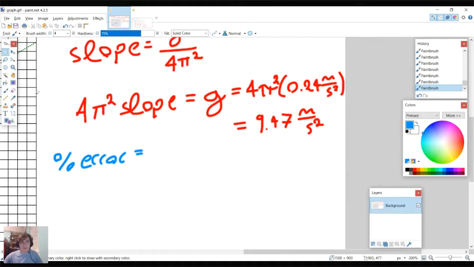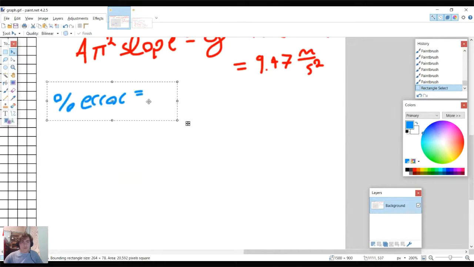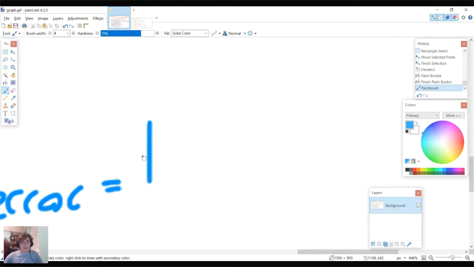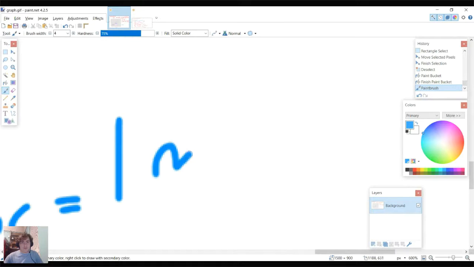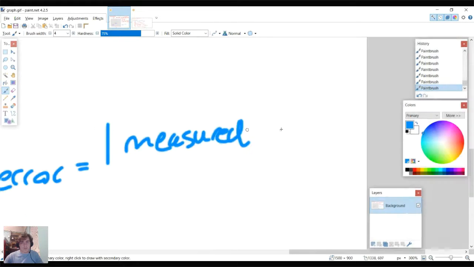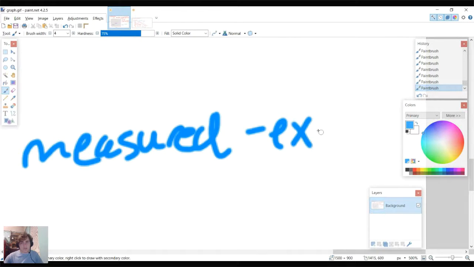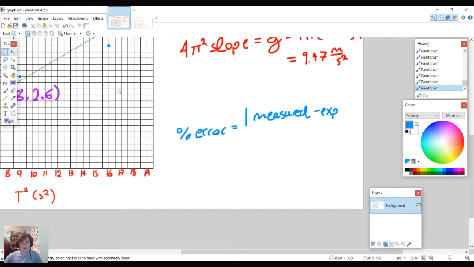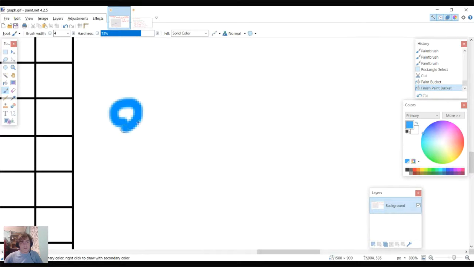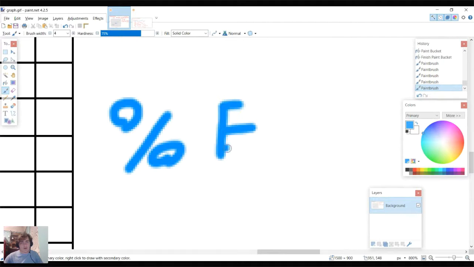It's equal to, I'll move this down, measured minus expected. Here, I'll write this smaller. We'll call it percent error.